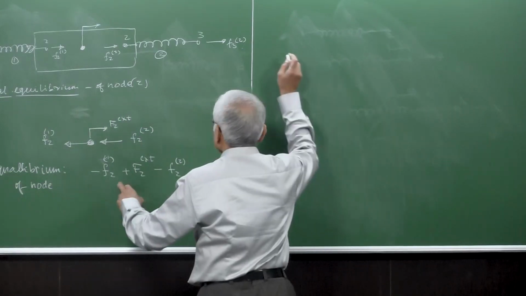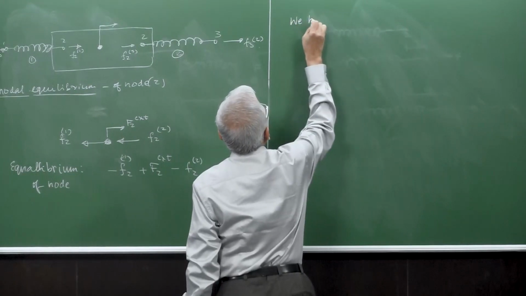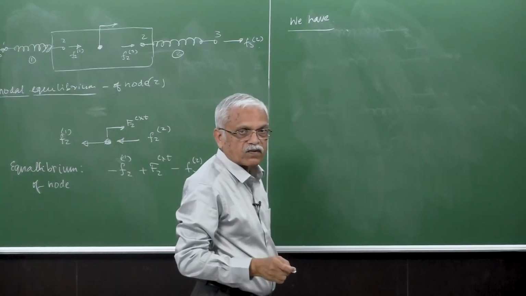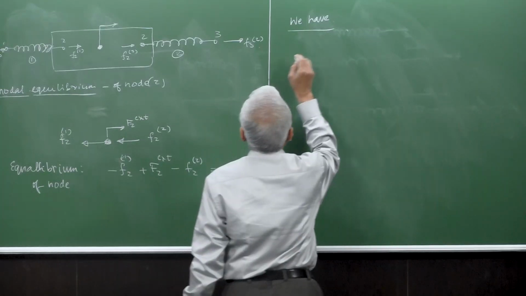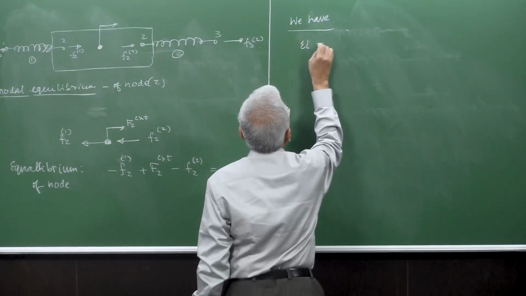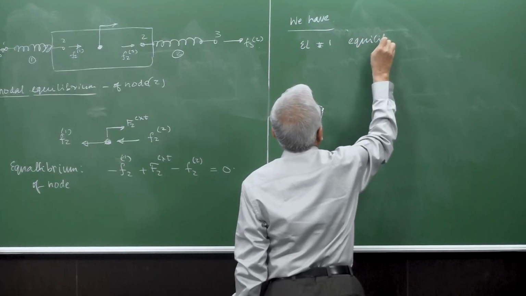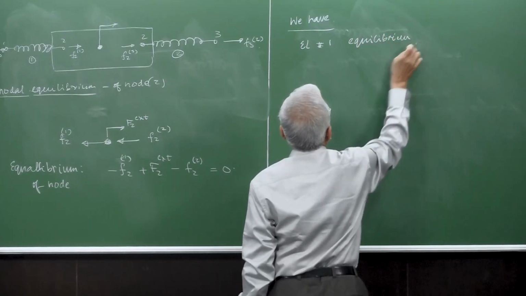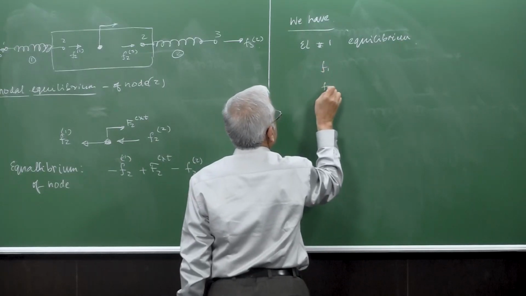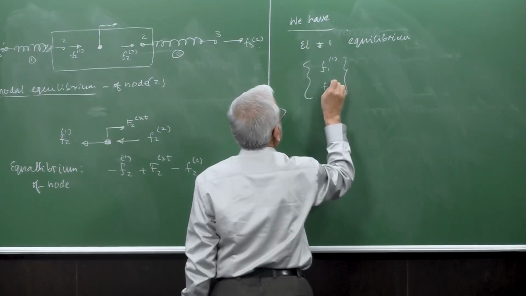So to use this, we have the data already from the equilibrium of element 1, where we had F1 plus F2 of element 1.